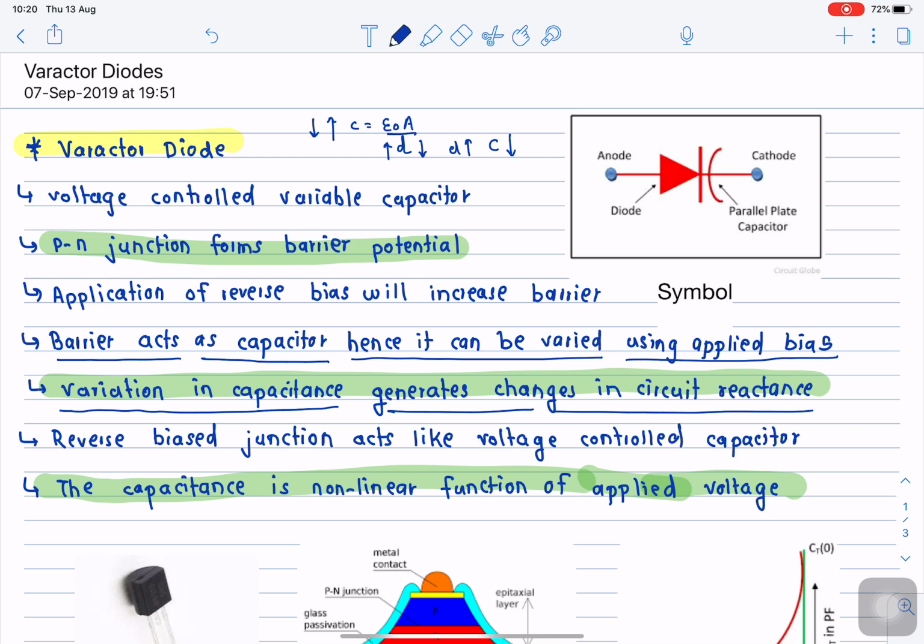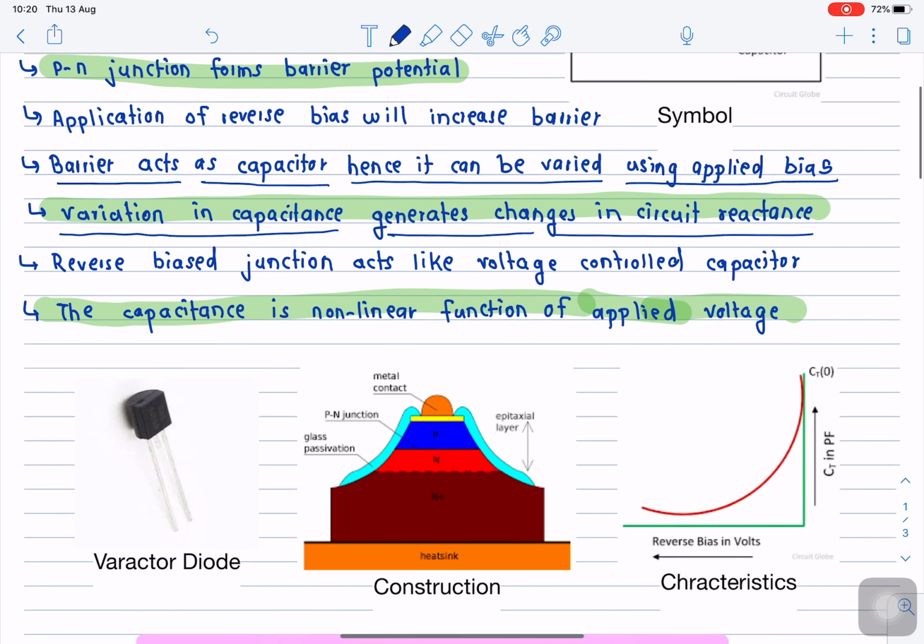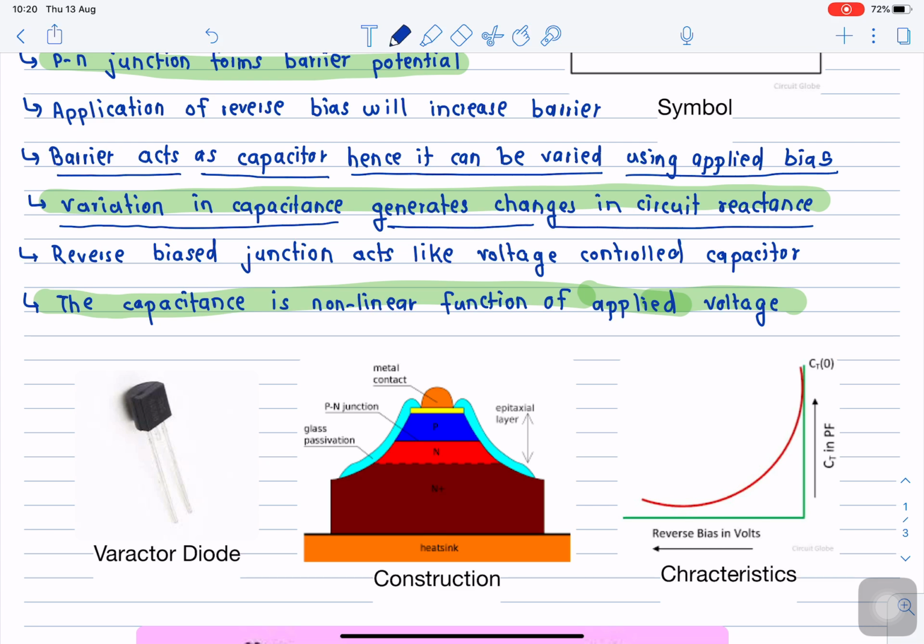Now the reverse bias junction will act as a voltage controlled capacitor, and whatever capacitance we are going to get as a variation of the applied voltage is nominally a non-linear function. So please remember, whatever variation in the capacitance we will get with this diode, it will be a non-linear function of the applied voltage.